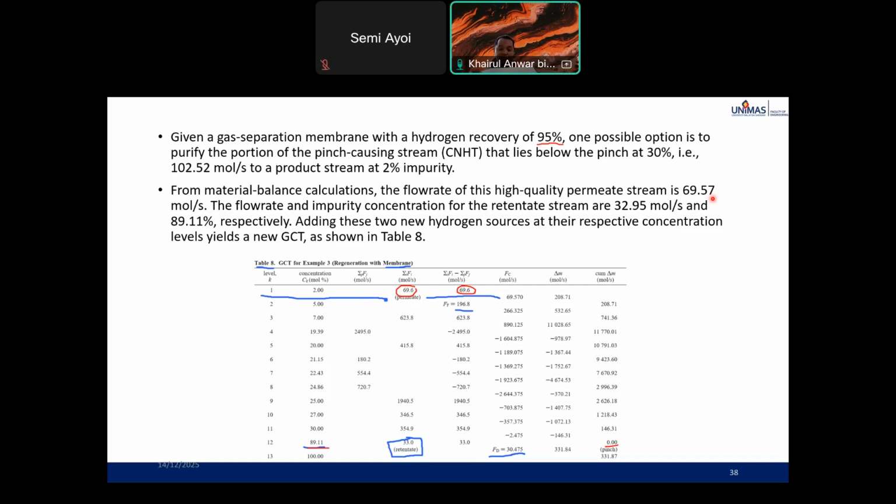Some of it goes straight to the membrane, some of it goes past. The one that does not permeate across the membrane, we call the retentate stream. The concentration is around 89.11%, which is very high.